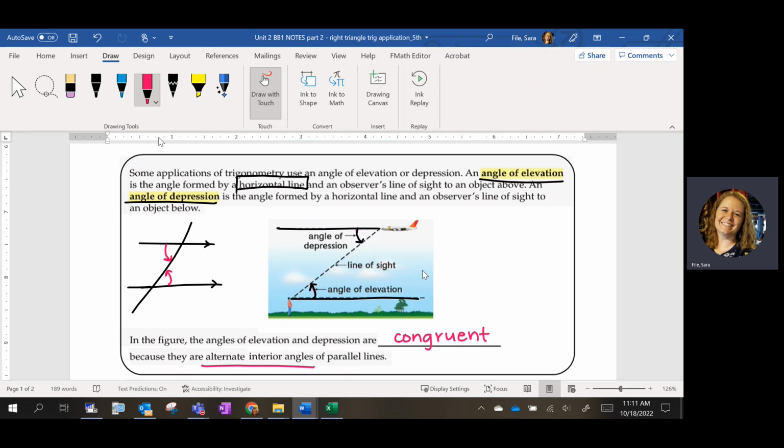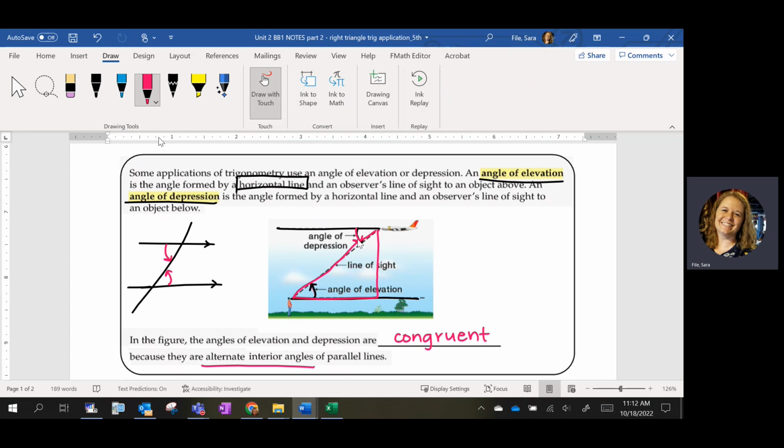So when you draw your triangle for whatever your situation is in your problem, sometimes the angle of depression or the angle of elevation may end up being outside the triangle that you drew. Like if I drew the height of the airplane here, the altitude, and had this drawn as my triangle, and it said something about angle of depression, somebody might say, that's not even in my triangle.